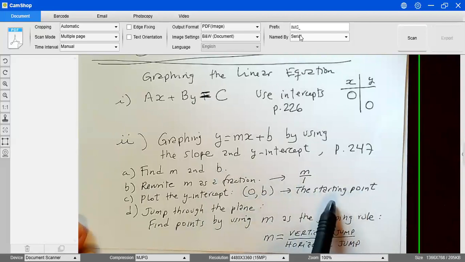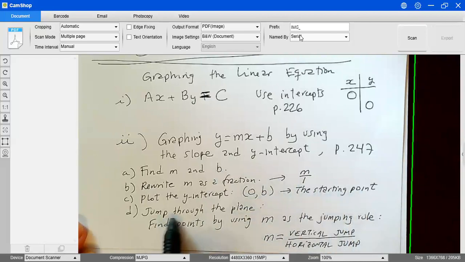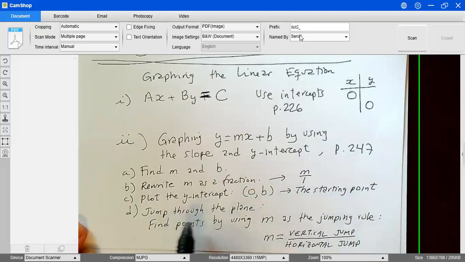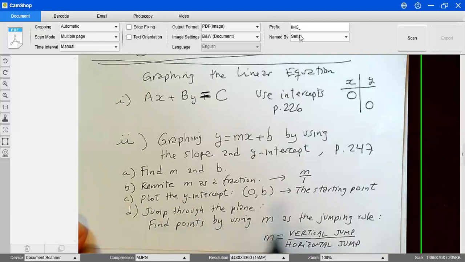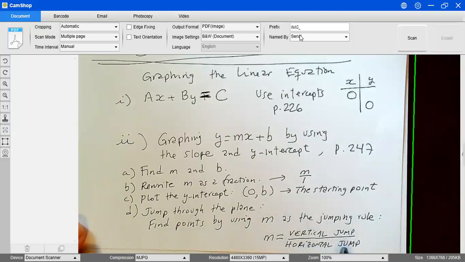So we're going to do some jumping. So we're going to start jumping through the plane. So you're going to jump through the Cartesian coordinate system to find points. We're going to find points by using m, the slope, as the jumping rule. So how is this going to work? So remember, we need the slope written as a fraction because the numerator is going to indicate my vertical jump, and the denominator is going to indicate the size of my horizontal jump.